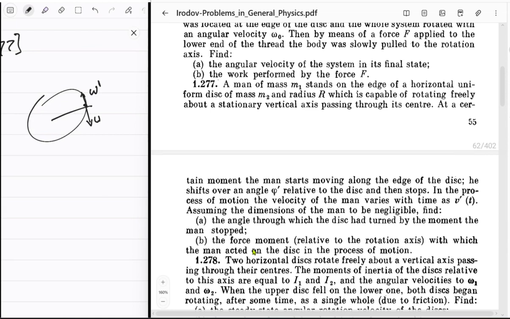So the actual angular velocity in the ground plane is omega dash plus omega for this guy, right? But of course, omega dash is what we call d phi upon dt. So phi dash is just the integration of omega dash dt, right? Now we just need an expression between omega dash and omega, and we will be good to go. So then we just integrate that and get the thing done.